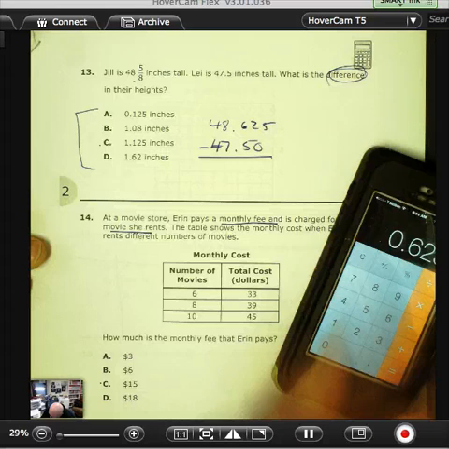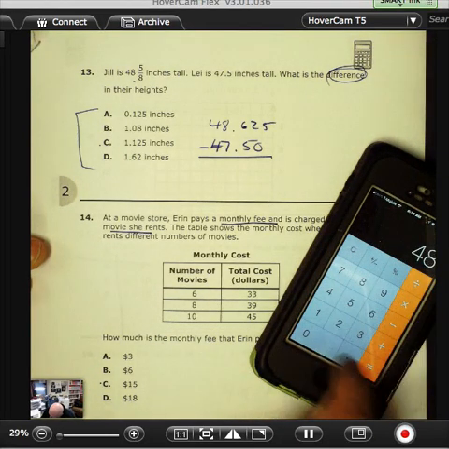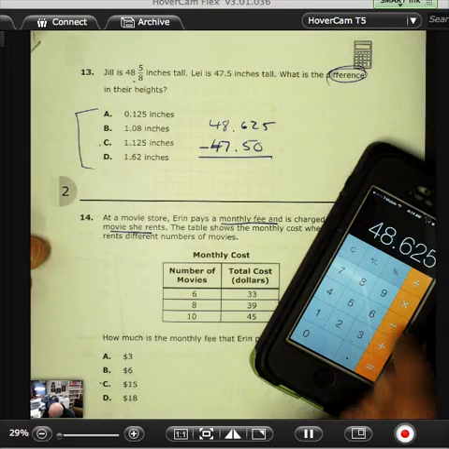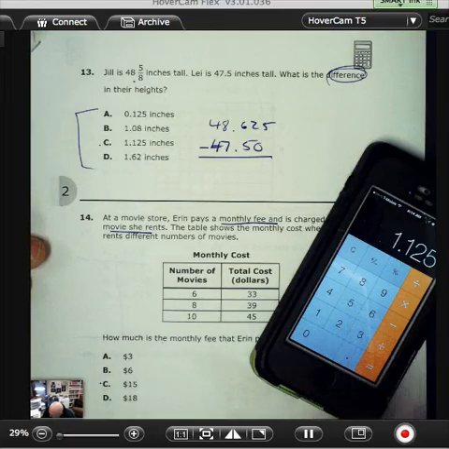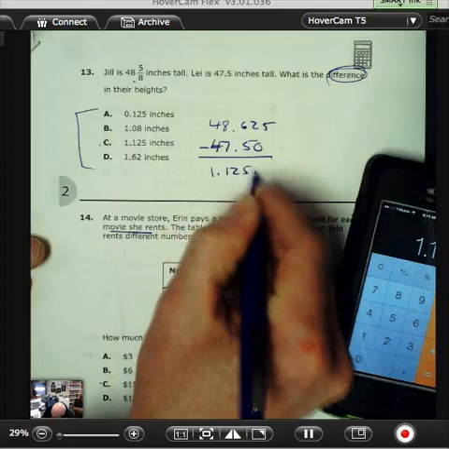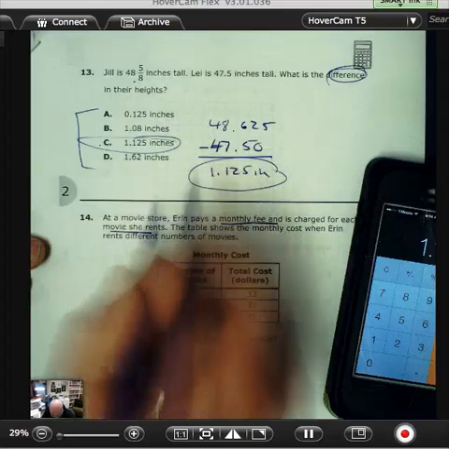We can do this on our calculator since it's a calculator target. 48.625, so that's 48 and 5/8, minus 47.5. That's 1 1/8 or 1.125 inches. So that would be right here, answer C.